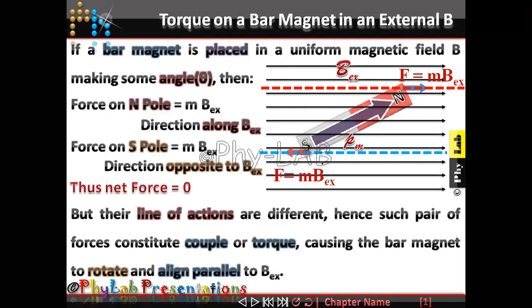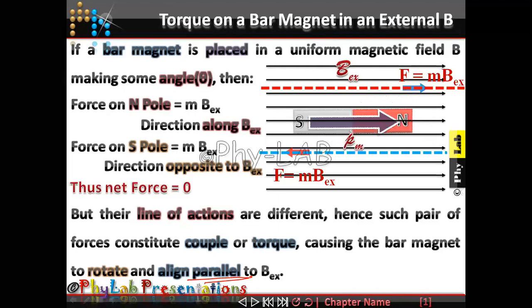One should take care that whenever a bar magnet is placed in a uniform magnetic field, it starts experiencing a torque. Under the action of this torque, the bar magnet gets rotated, and this torque tries to align the bar magnet parallel to the direction of the applied external magnetic field.